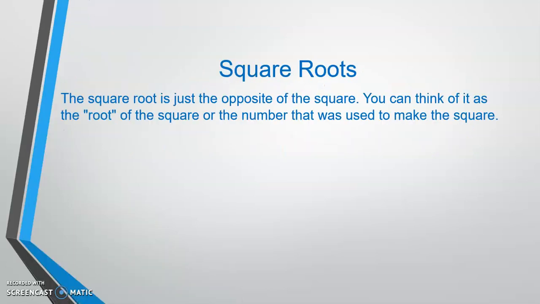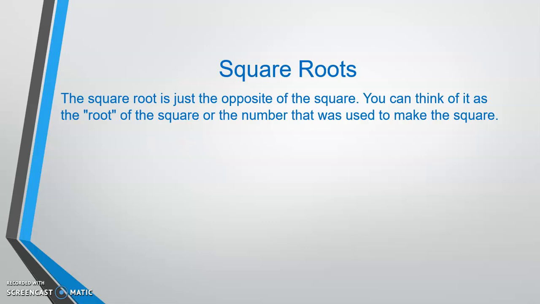Now, the square root. Square root is just the opposite of the square, like I said earlier. You can think of it as the root of the square, or the number that was used to make this square. For example, we said 3 times 3 is 9.